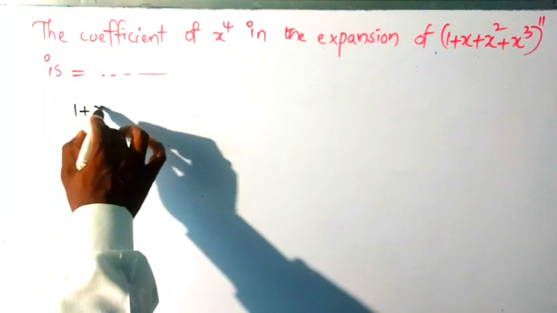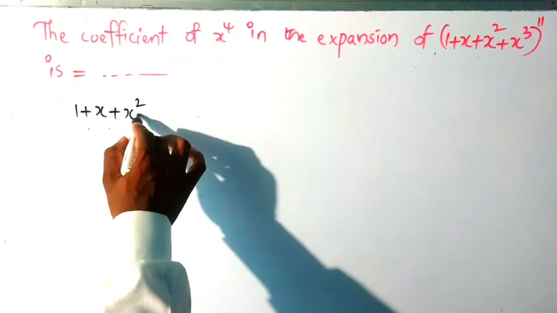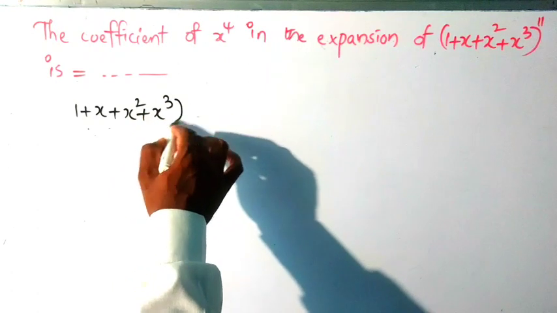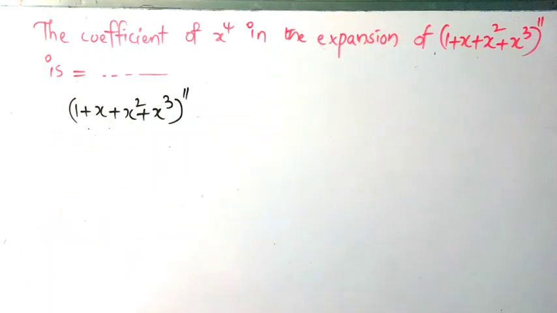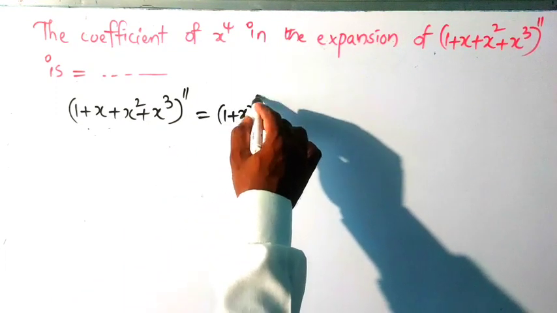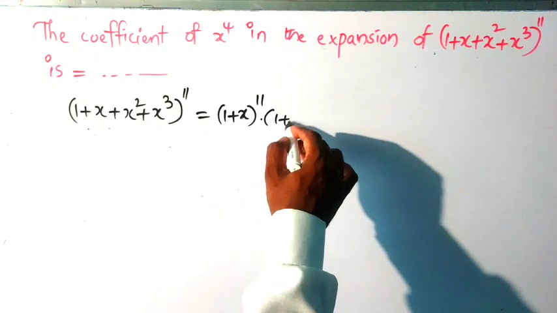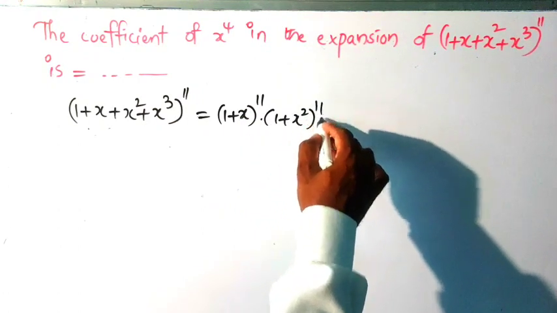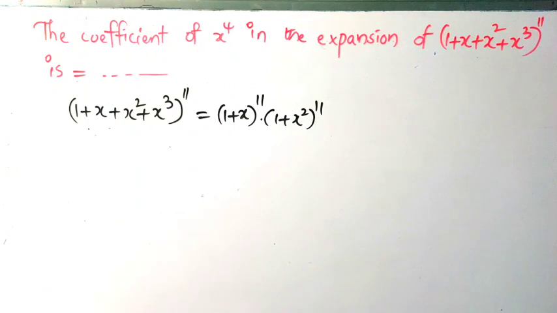(1 + x² + x³) whole power of 11 is there. Right now we have (1 + x) whole power of 11 into (1 + x²) whole power of 11. First of all we multiply both of them.